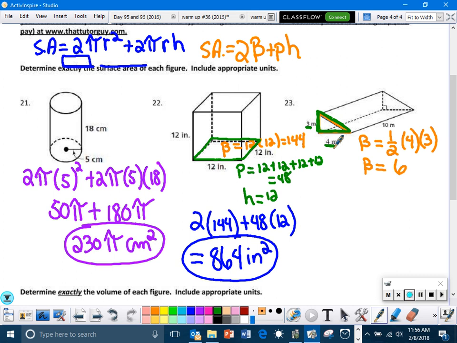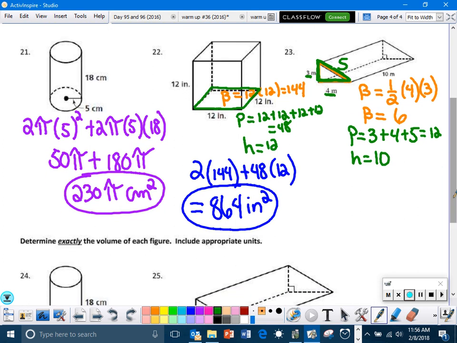If you remember, that's called a 3, 4, 5 triangle. If you didn't know that, you would have to use the Pythagorean theorem to find the missing side. But we have a special triangle where it goes 3, 4, 5. So the perimeter of that triangle is going to be 3 plus 4 plus 5, and that, I believe, is 12. And the height of the prism is 10.